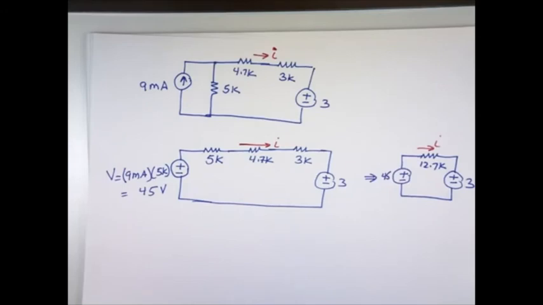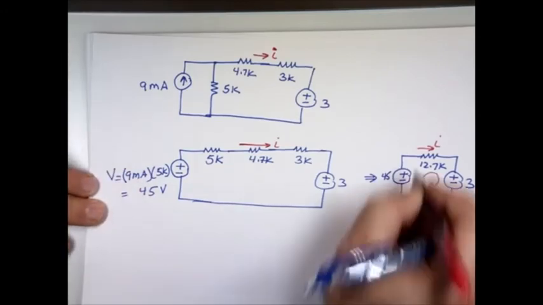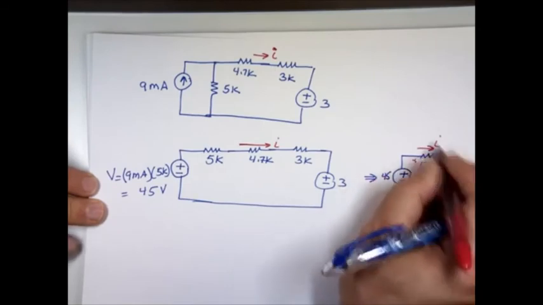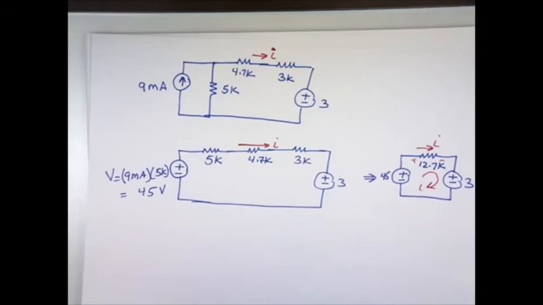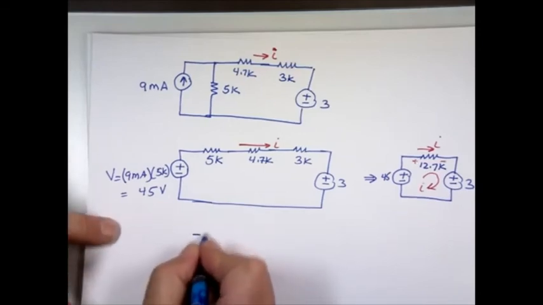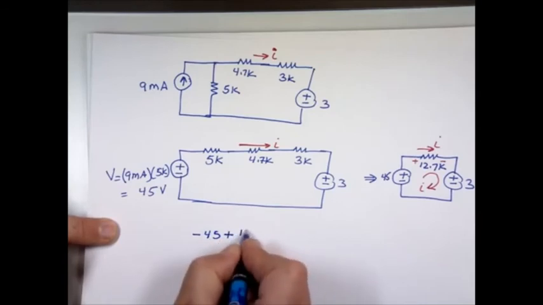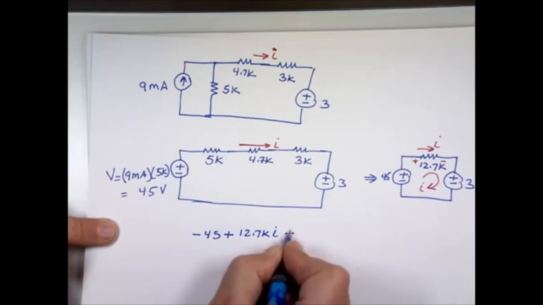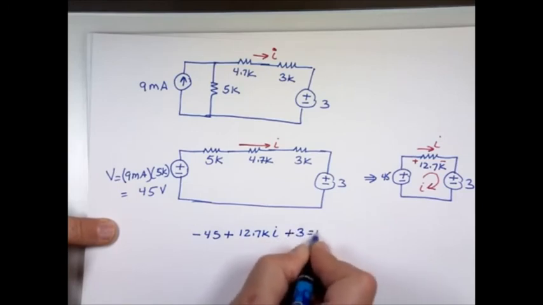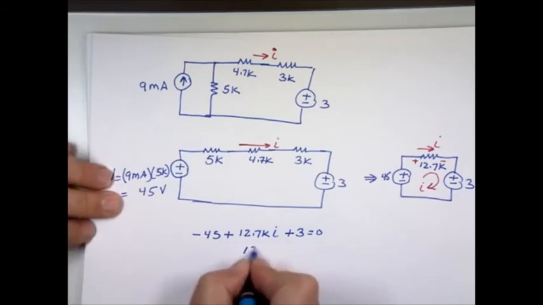So now I can do a KVL or mesh equation right here. This is plus to minus. We know that current is I. There's only one current going through that. So negative 45 plus 12.7K times I plus 3 is equal to 0. 12.7K times I equals what?